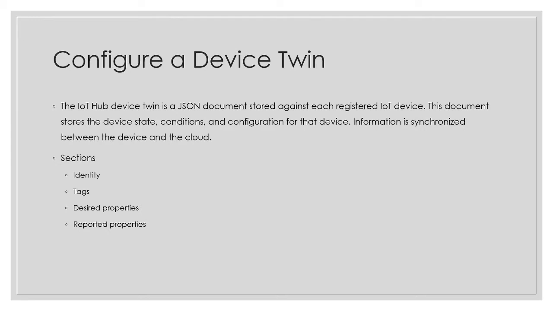The IoT Hub device twin has the following sections. It has the identity section, tags, desired properties and reported properties. We will also look at some of the other properties in the device twin. The device identity section of the device twin contains properties giving the device ID, status, the communication metrics and the version of the device twin itself.